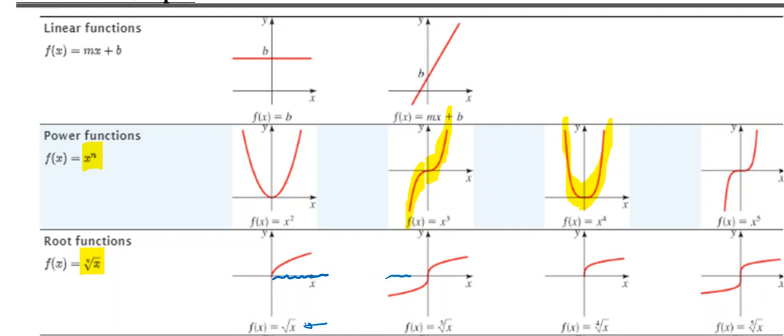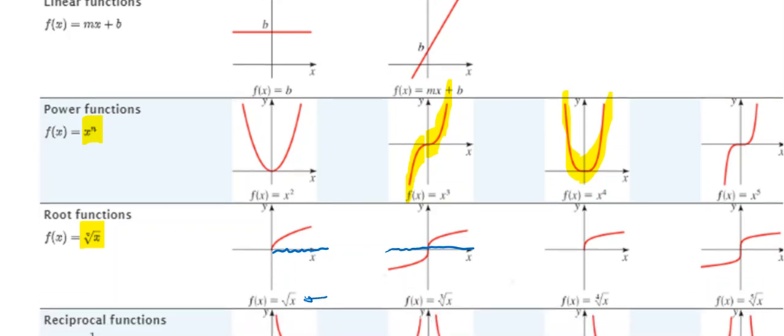That's why this function is defined for all the values of x. Any even root looks very similar to the square root. Any odd root looks very similar to the cube root. And in fact, they're sort of sideways versions of the power functions.